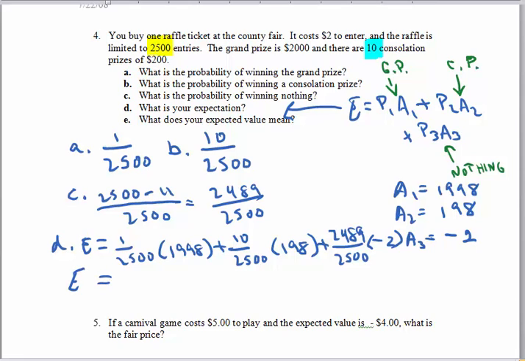So my expected value here is going to be something over 2,500. You can do this on the calculator, of course, but this would be 1998 plus 1980 minus 2489 times 2, which is minus 4978.